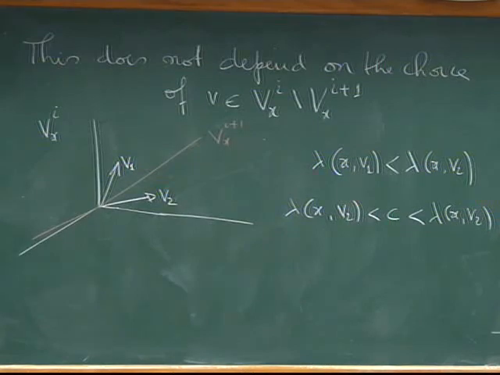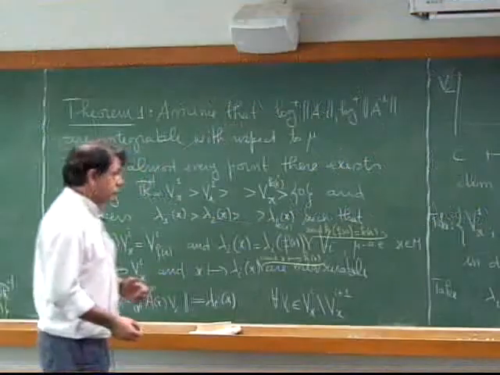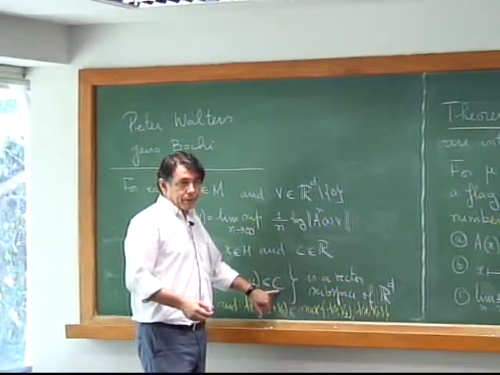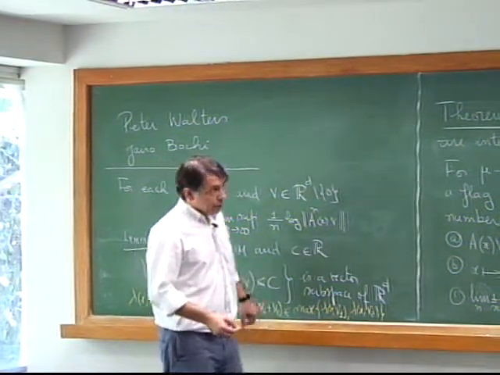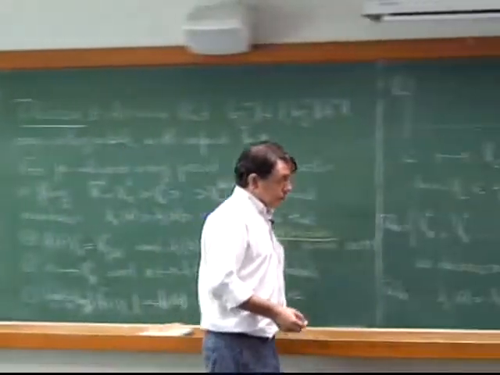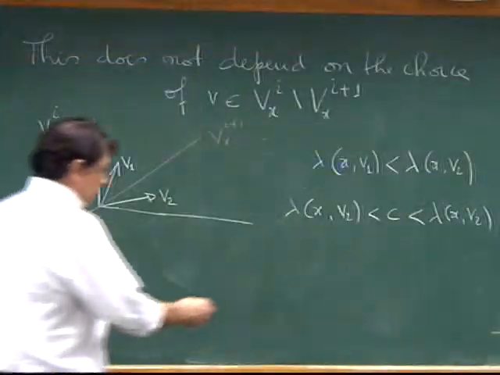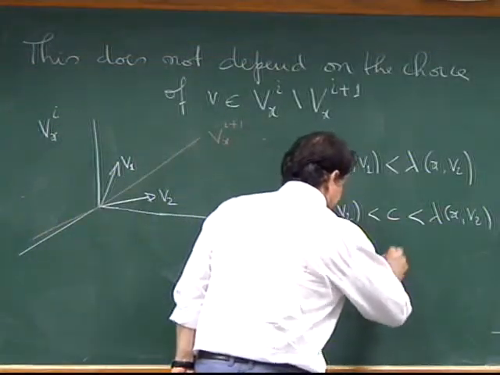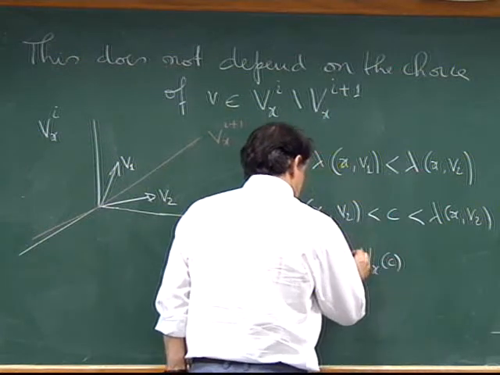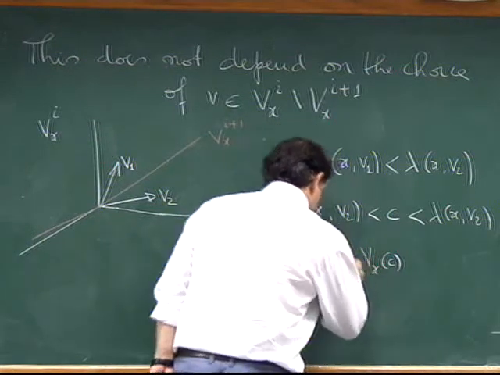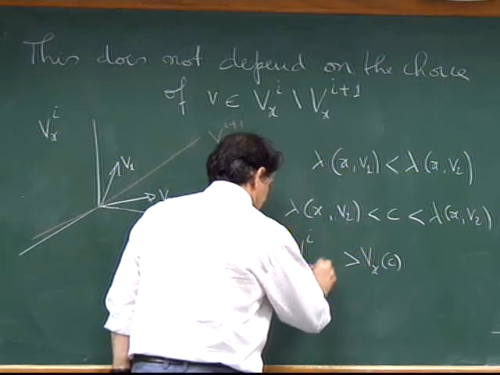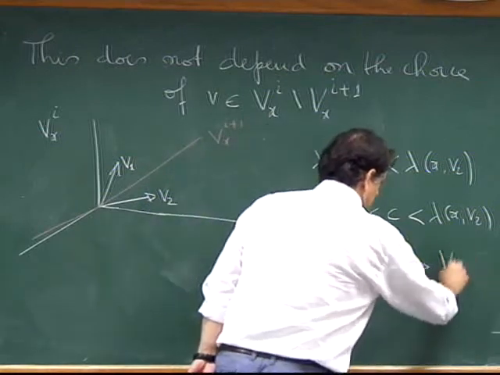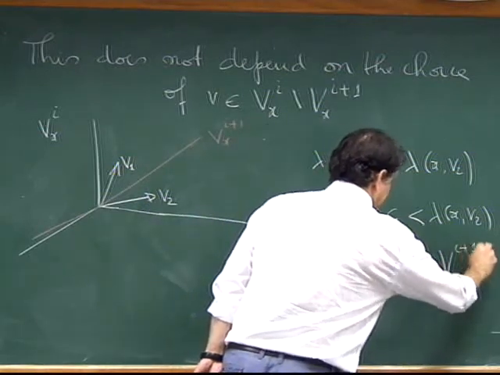And since those two vectors have different growth rates, there would be Vxc contained in Vi and containing Vi plus 1.